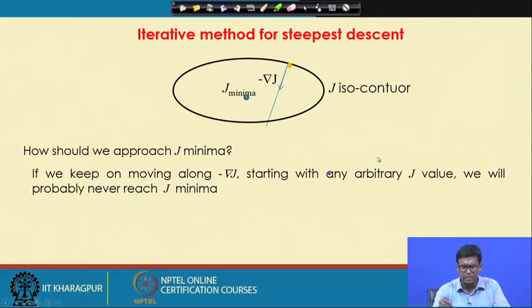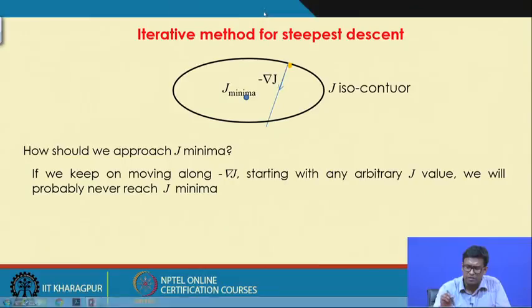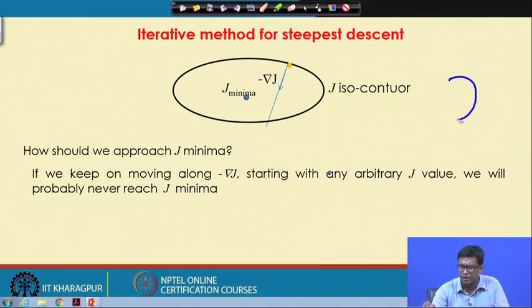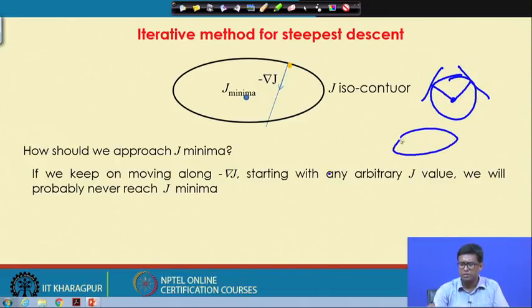Starting from an arbitrary j value, we will possibly never reach j minima. We will reach j minima in only one case, that is if the function j is a perfect circle. Then, if we start from any point, the normal should take me to the center, but if it is an ellipse and I start from somewhere here, I will never reach the minima, I will go somewhere else.